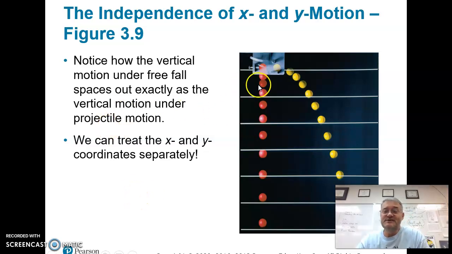I do this demonstration in my classroom and have one ball get dropped straight down and the other one is shot out simultaneously, and you see that the rate of fall is essentially the same. They both hit the ground at the same time, and students will look at that and be fairly accepting of it.